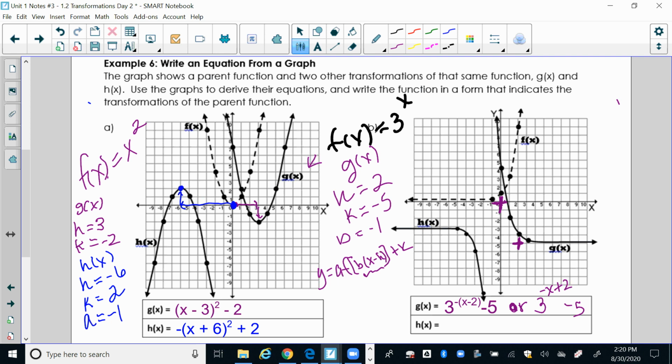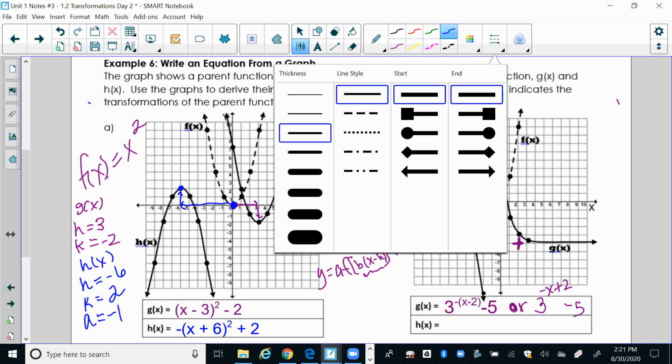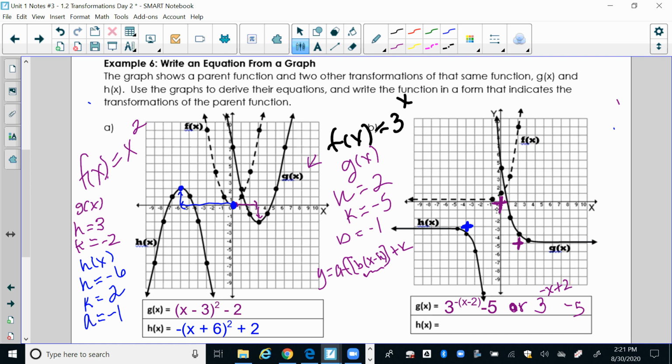All right, so now let's take a look at h of x. Taking a look at where our x and y axis shifted, it looks like our x and y axis are now shifted here. So that looks like we have a horizontal translation to the left 4. So my h value is -4, and a vertical translation down 3. So my k value is -3.